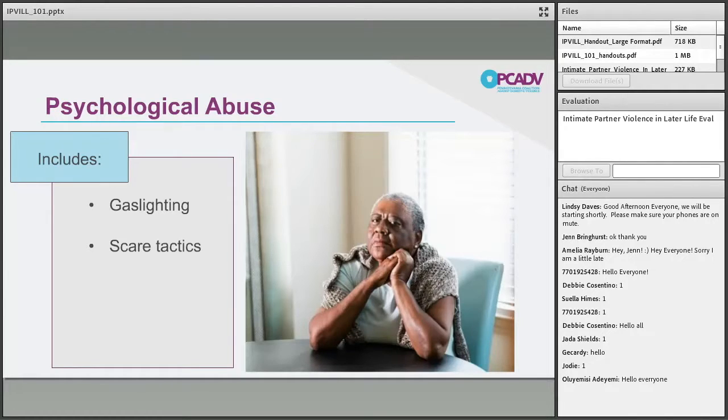Using scare tactics, like you're not able to make it on your own, which is undermining their independence, threatening to put them in a home, threatening to take away their independence by saying, you need me here. That's the long-term psychological abuse that can occur in IPVILL relationships.